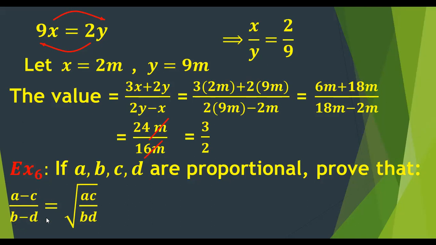The given in this question, A, B, C, D are proportional. What's the meaning of proportion as we said last session? It means A over B equals C over D. Can I say A equals C, B equals D?